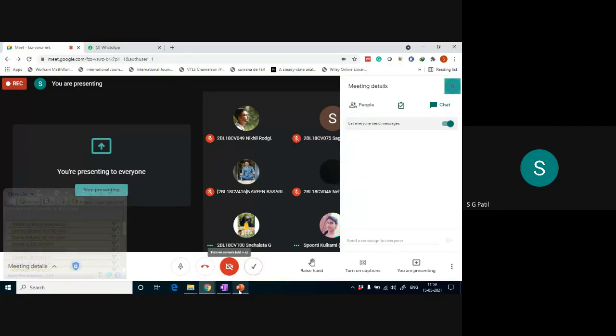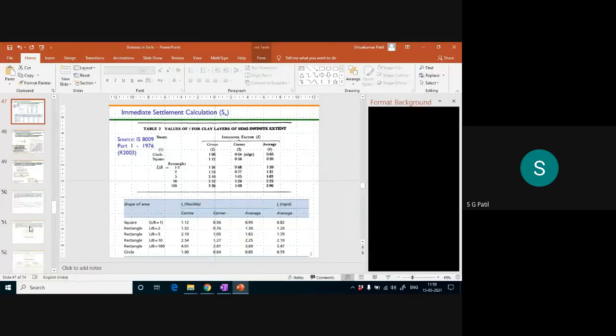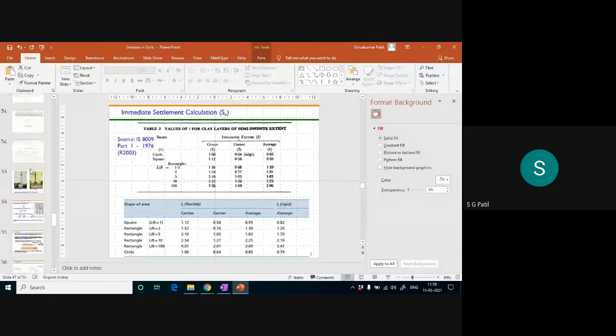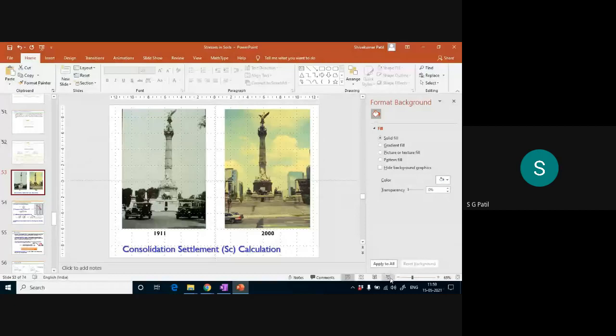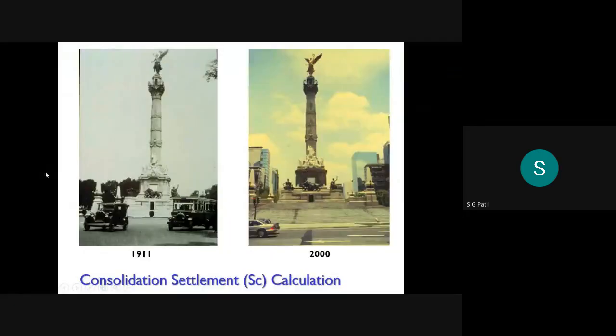Okay. So next we'll go to consolidation settlement. Now we will discuss this consolidation, that is SC. Consolidation settlement. So you see this picture. This is a picture from Mexico City.